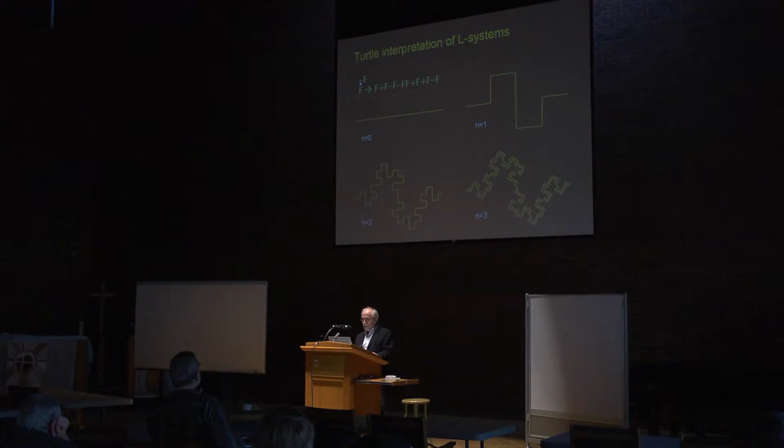So this is an example. We have an axiom, F minus, representing a horizontal line, and a single non-identity production which replaces this single line by this kind of sequence. You can see here its interpretation.